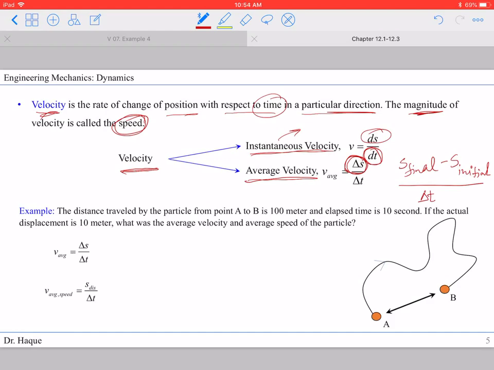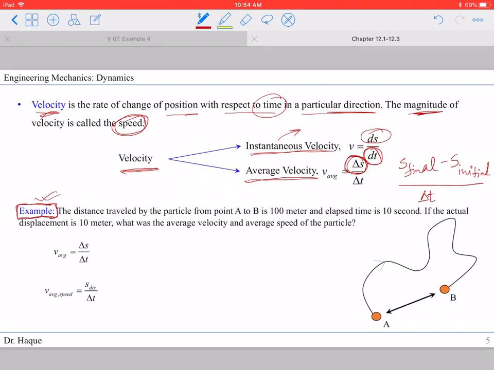There is an interesting thing that should be clarified, and we'll solve an example to understand that. So let's solve this example.